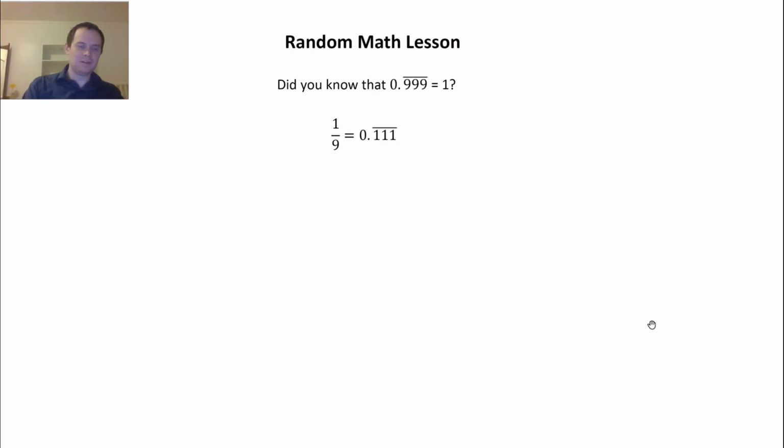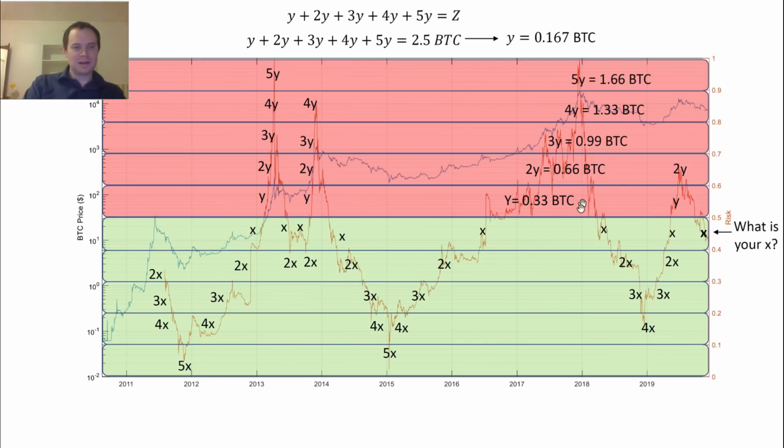Now, I think I've rambled on for quite a long time at this point, so if you're tired of me talking, you can go ahead and tune out. But for those who just want a quick math lesson: I thought it was interesting that 0.33 repeating, which is 1/3, becomes 0.99 repeating forever, because it would be just 1/3 times 3.